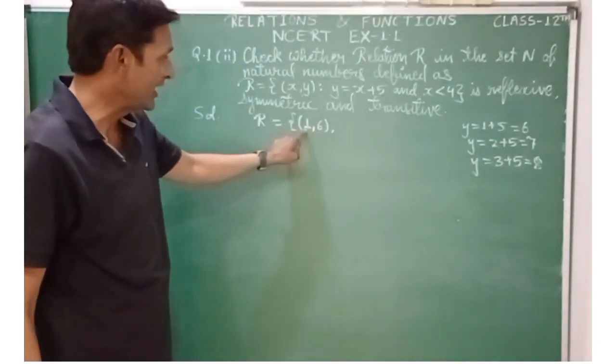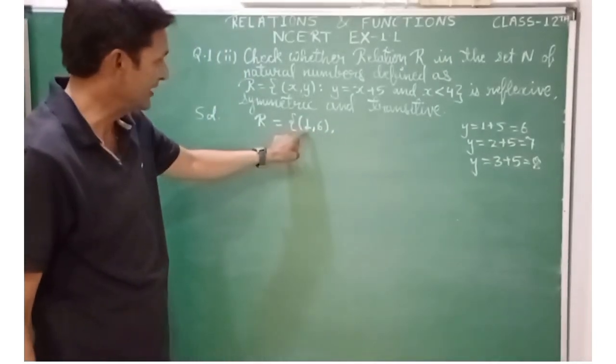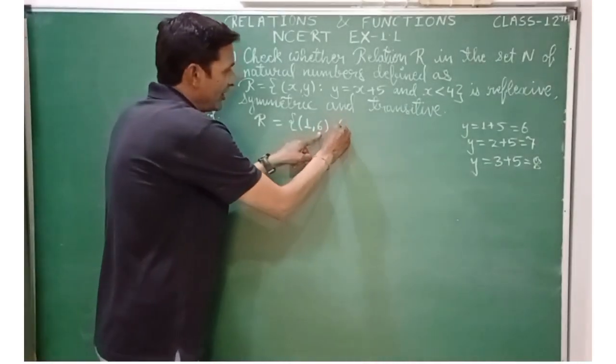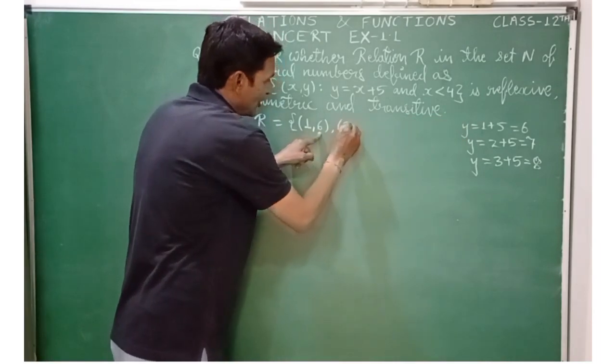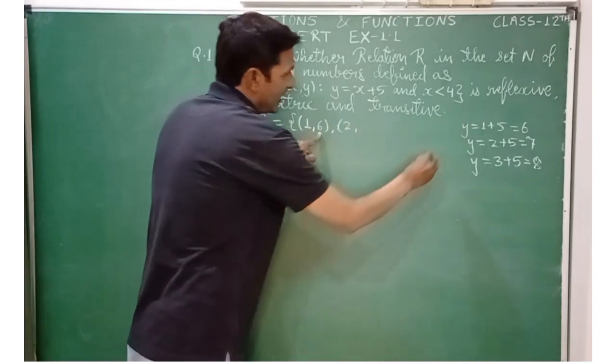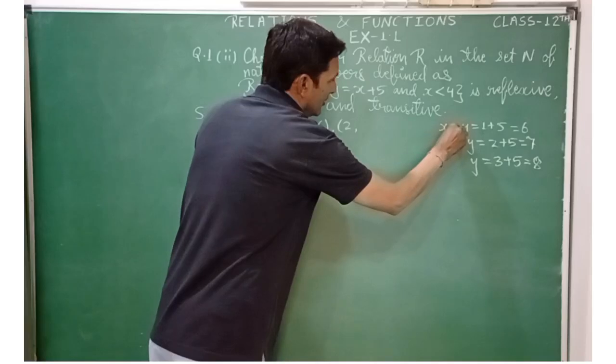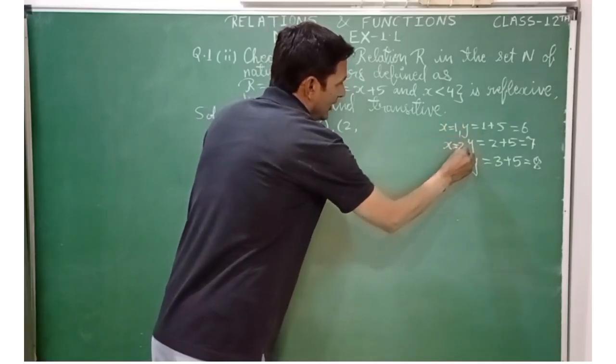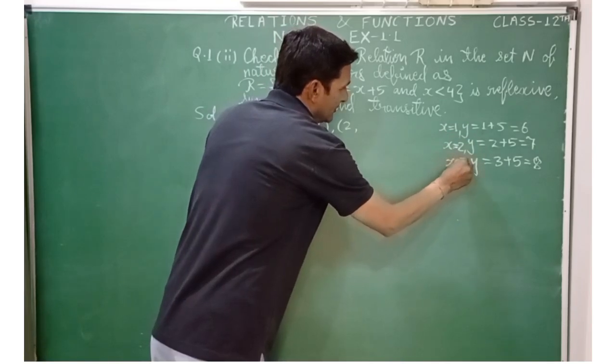The first coordinate will be (1, 6); this is the domain and this is the range. Now the second value of y is 7 on putting x = 2. Here we are putting x = 1, here x = 2, and here x = 3.